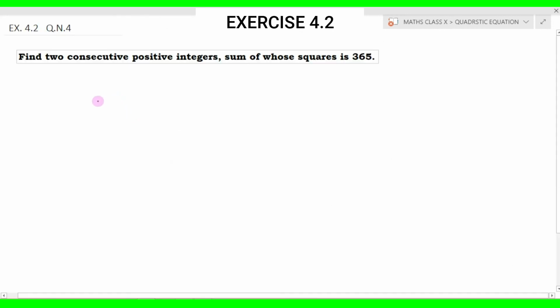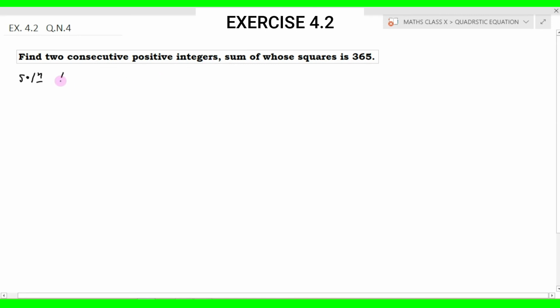One more example I am taking, exercise 4.2, question number 4. Find the consecutive positive integers, sum of whose squares is 365. Again, two consecutive positive integers. In the solution, first we have to find the two consecutive positive integers.